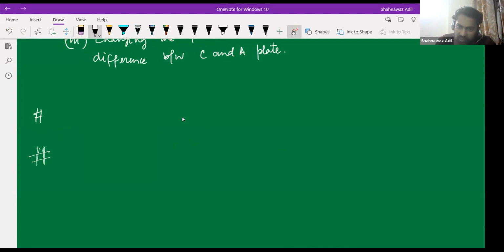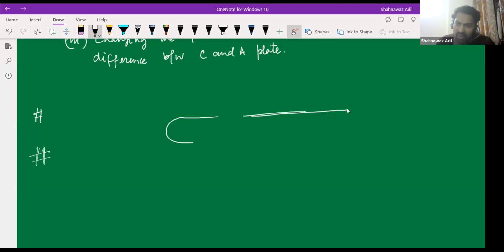First, what do we have? We have this discharge tube made up of quartz glass. Why are we calling it a discharge tube? There is nothing inside this tube, not any gases.